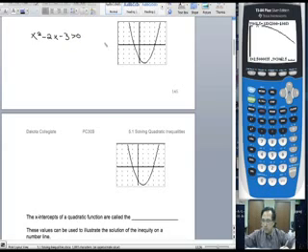Okay, so this is for the values of x for which y is greater than 0.